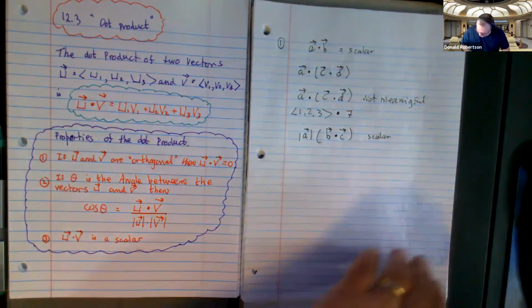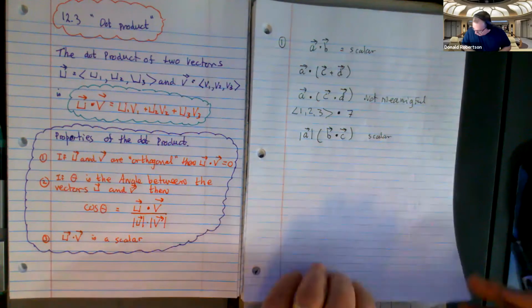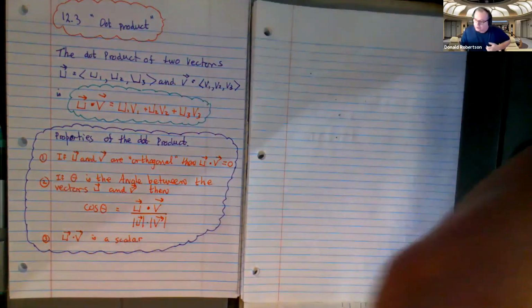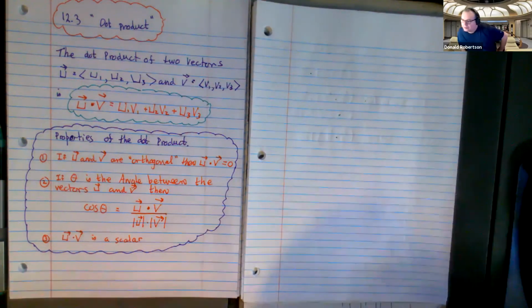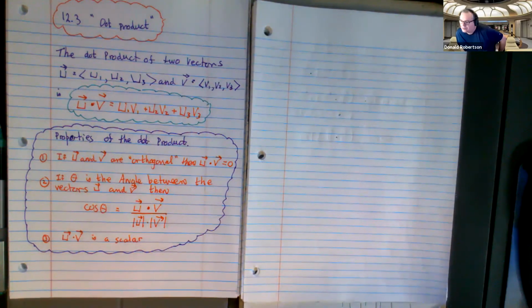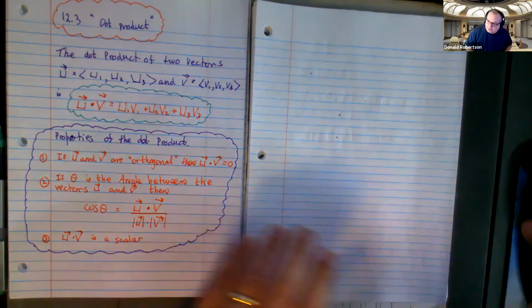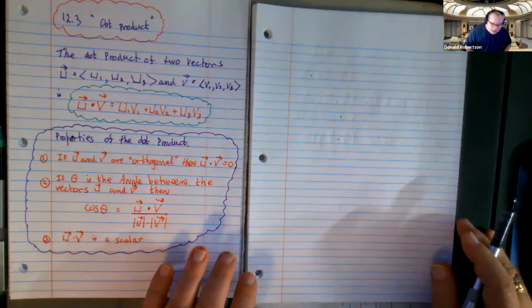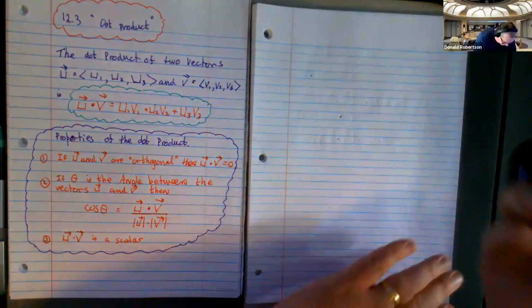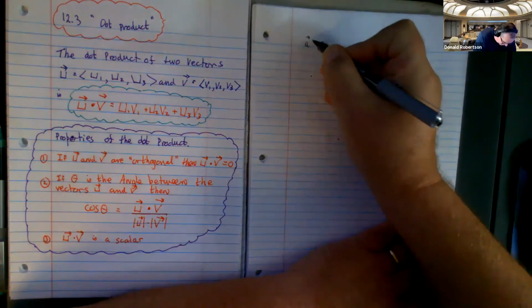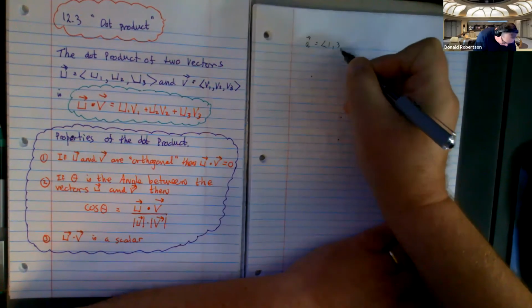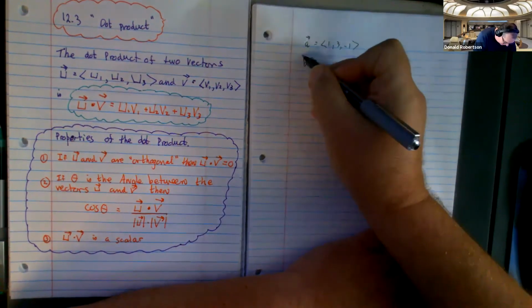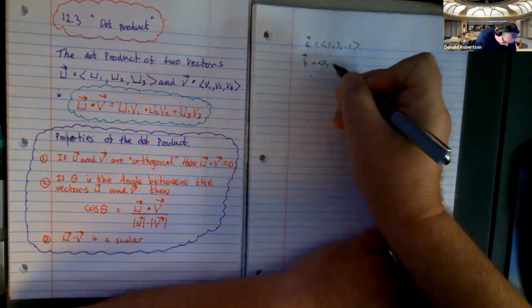I think last time, if my memory serves me well, which it doesn't always, didn't we do some calculations of dot products? Didn't we do A dot B with some numbers? Does that seem familiar? Okay. Just do one. Suppose A is 1, 3, -1, and B is 0, 5, 3.